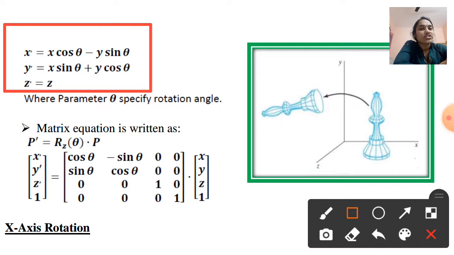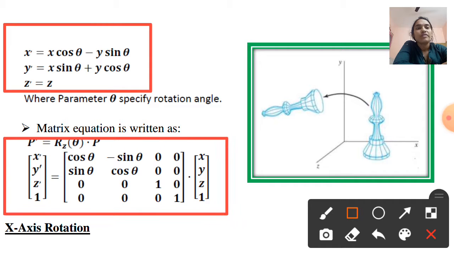Z is unchanged. And P is our original location, which is x, y, z, 1. This is all about the matrix equation of the z axis rotation, and how you can find x dash, y dash and z dash. All of you remember this matrix equation. This is very important.